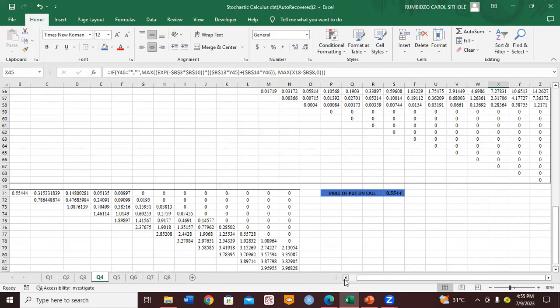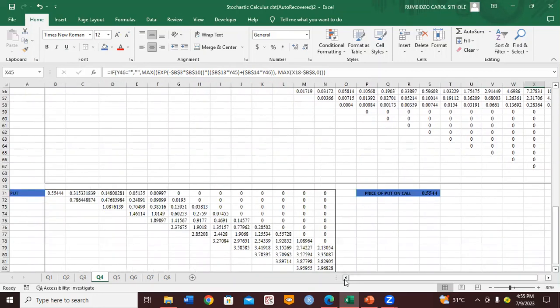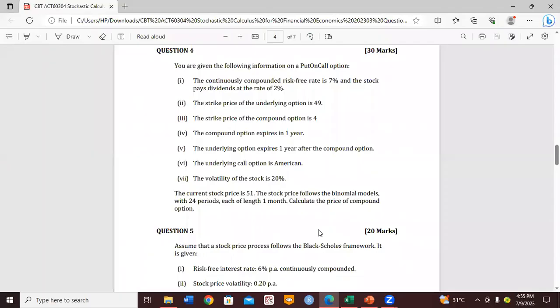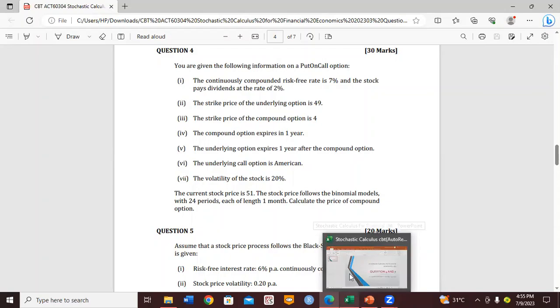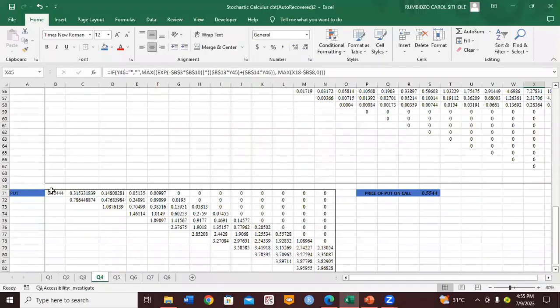Because we are looking for the compound option, our question tells us that the underlying option expires a year after the compound option. So this is why we will calculate our compound option with only 12 periods instead, because it's after 1 year.